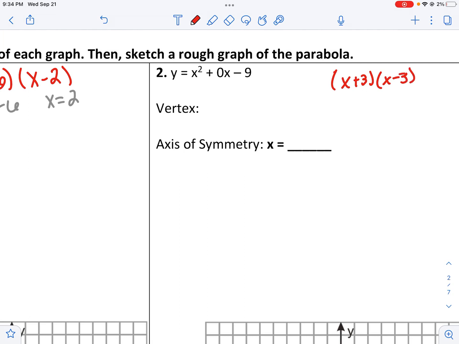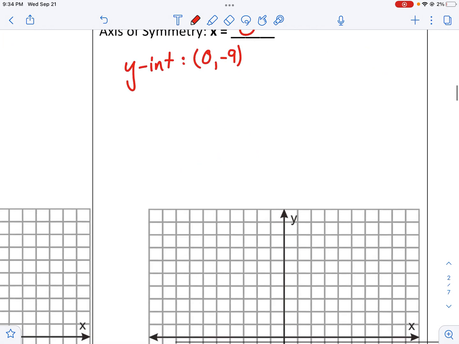And my last one, we should have had a factored form of x plus 3, x minus 3. Vertex should be at 0, comma, negative 9. My axis of symmetry is x equals 0. And my y-intercept turns out to be the same as the vertex at 0, comma, negative 9.